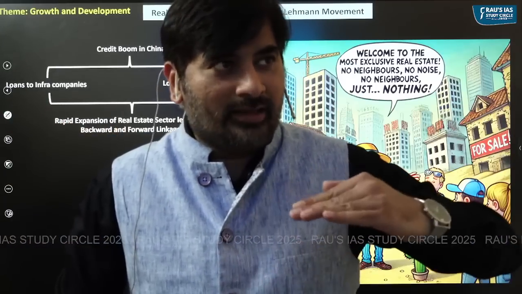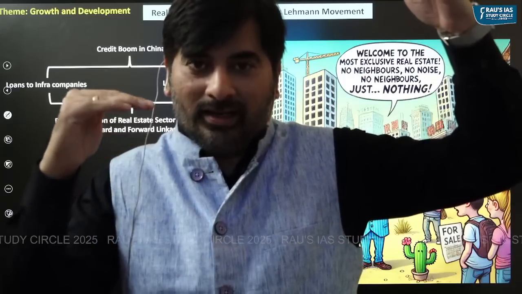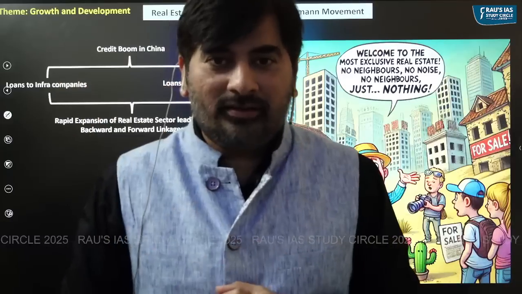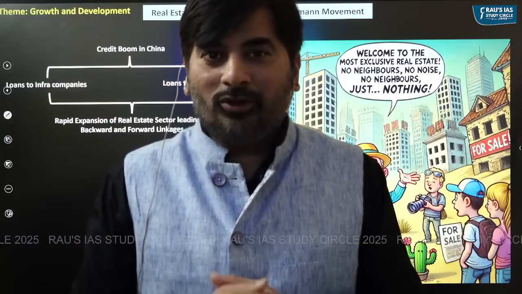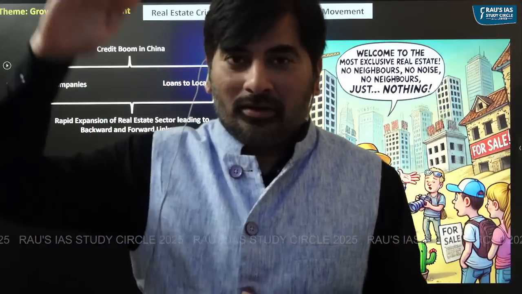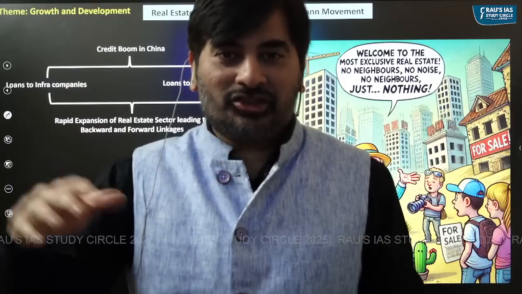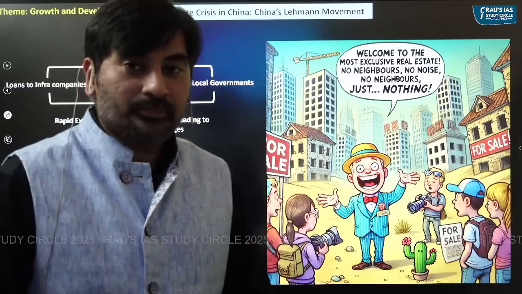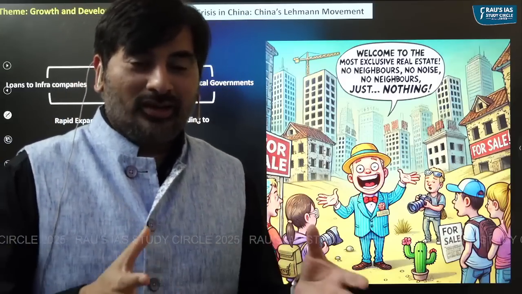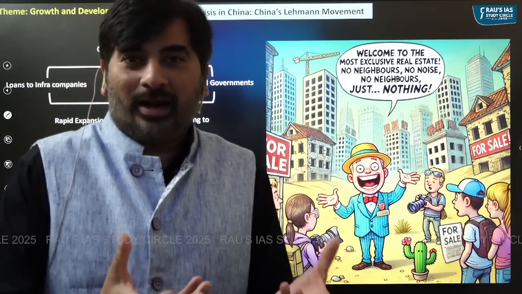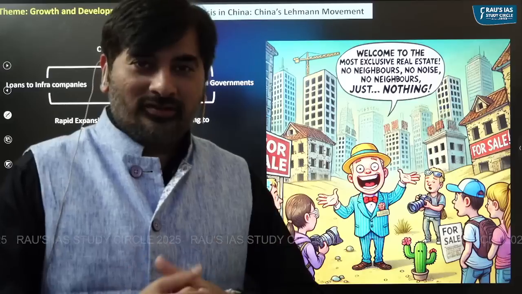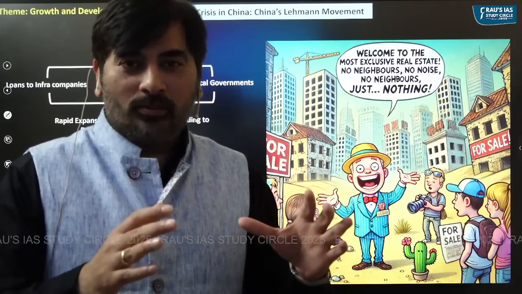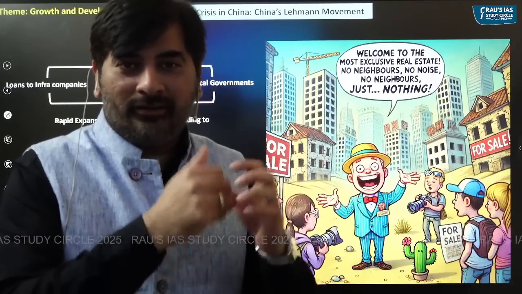So on one hand, supply increased while demand did not increase commensurately. What will happen to real estate prices? Real estate prices crashed. So as you can see in this particular image, in China, you'll come across a large number of ghost apartments. Ghost apartments means empty homes, but no people to live in those homes.